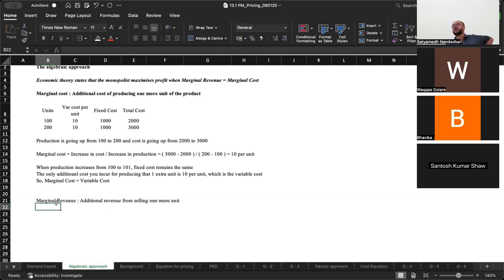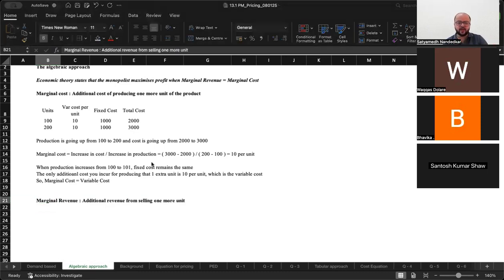Now, how do we determine marginal revenue? We'll have to take the quantity, and consider the selling price per unit. फिर हम देखेंगे what do you mean by marginal revenue.